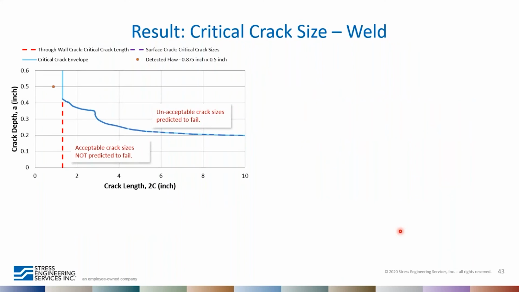Okay, so let's look at some of the results that we found from our analysis. First of all, we generated a critical flaw size curve for this component. We also did a through wall crack geometry assessment right here. That's represented by this red line. And so as you can see, the assessment point, which represents the detected flaw, falls to the left of the through wall crack size limit.